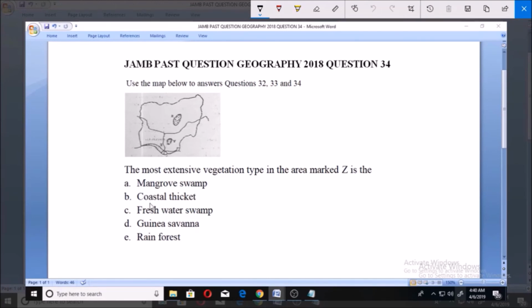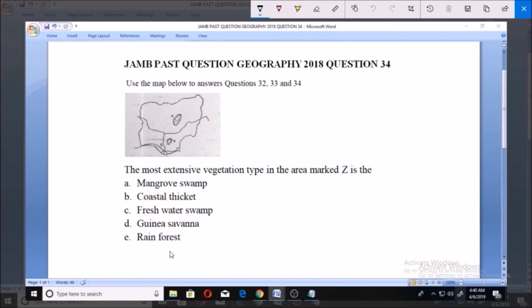Mangrove swamp, B. coastal thicket, C. freshwater swamp, D. Guinea savanna, E. rainforest. So what is the area marked as indicated?